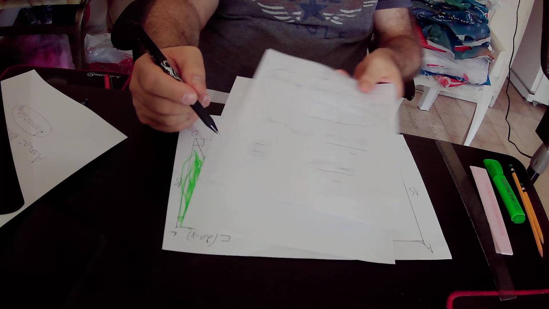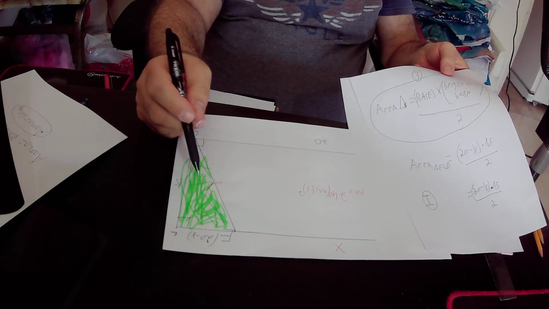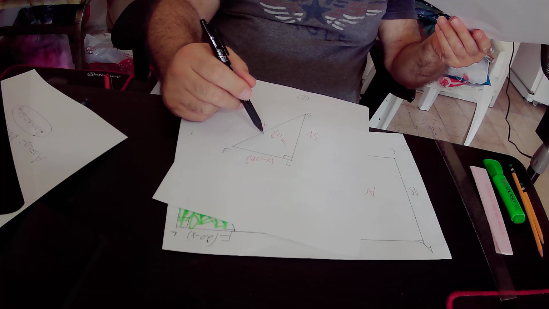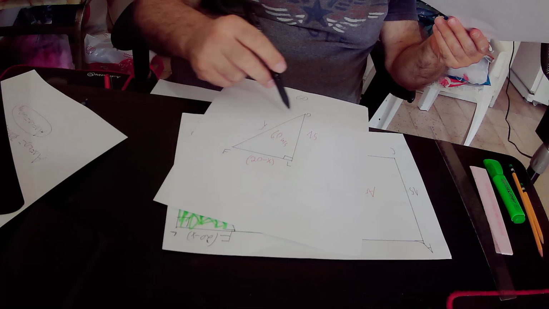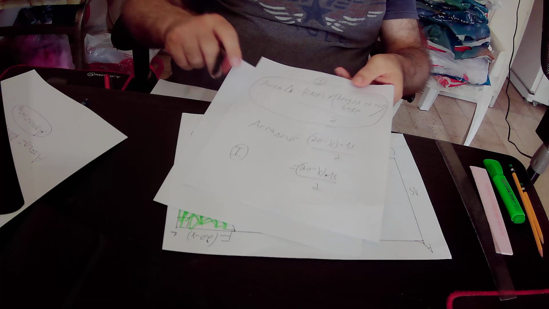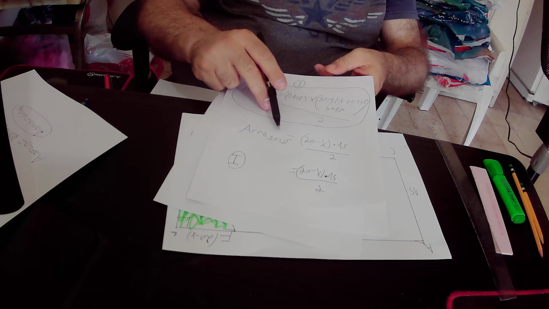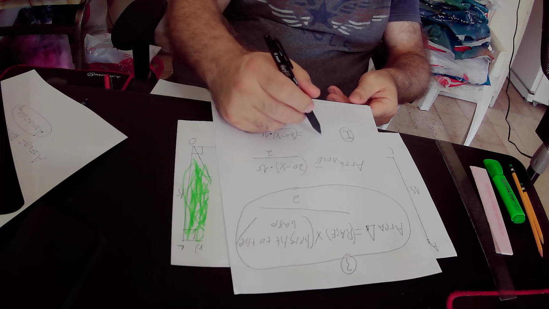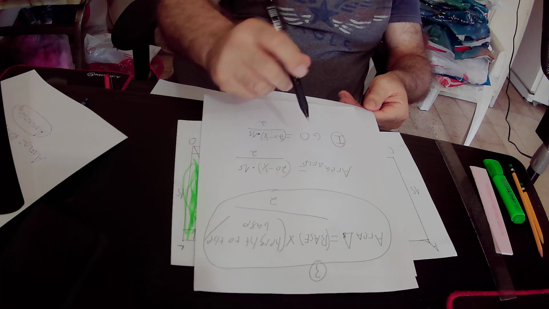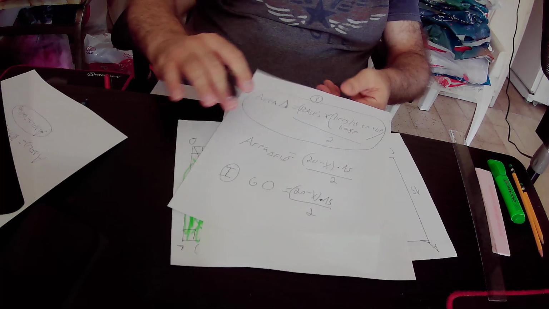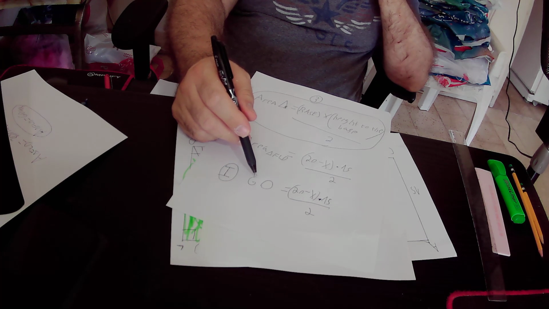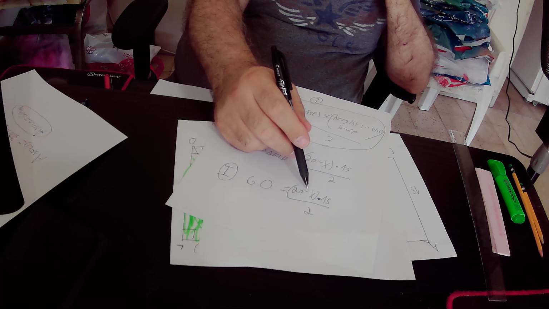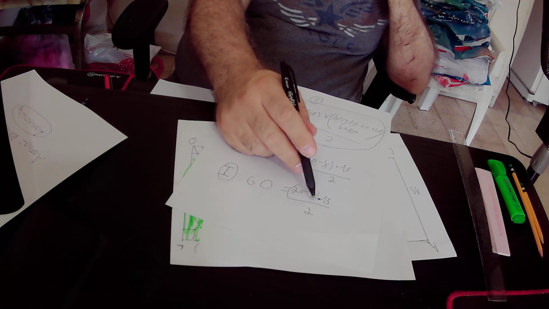But we have already found that the area of this right triangle equals 60 units. So instead of the area of triangle FLD, we can write 60 units squared. So 60 equals 20 minus x, times 15, over 2.